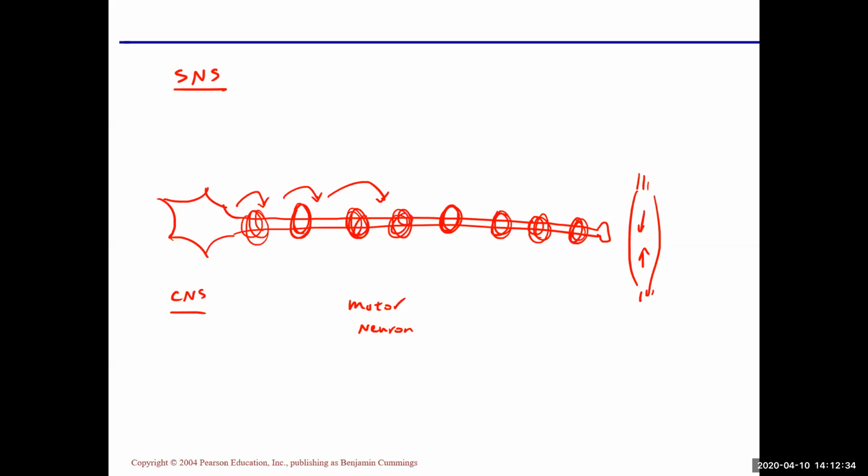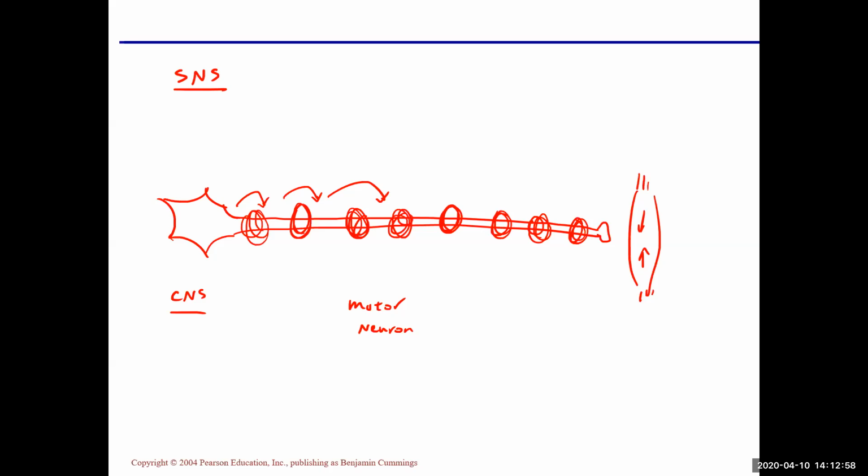And interestingly enough, this is quite fast. Think about how fast you can move your muscles right now. How long does it take for you to write something down or turn around or snap your finger? It's very, very quick. One of the reasons is these myelin sheaths and long axons.